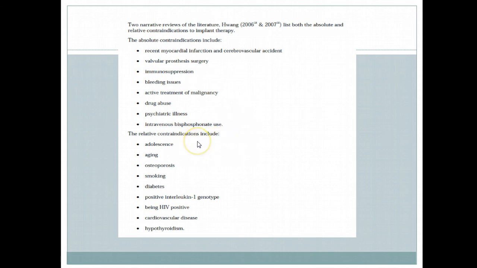And then he talks about the relative contraindications, and I don't find this a relative contraindication. But again, you see, I'm trying to present all points of view, so you make your own independent study, not my particular bias in it.